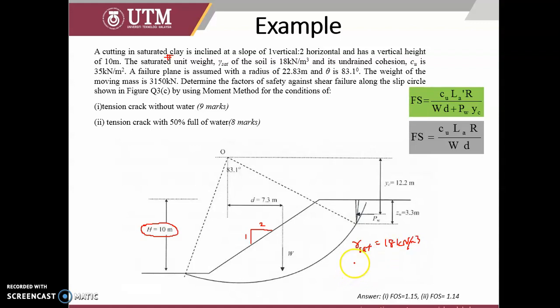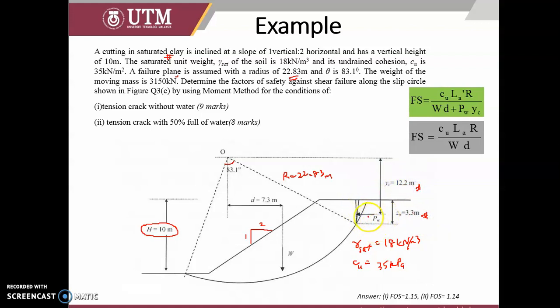Okay, and C undrained, cohesion undrained, is 35 kilopascal. So the failure plane is assumed with a radius of 22.83 meter. Theta is 83. And you will also be given the height of the crack, YC.